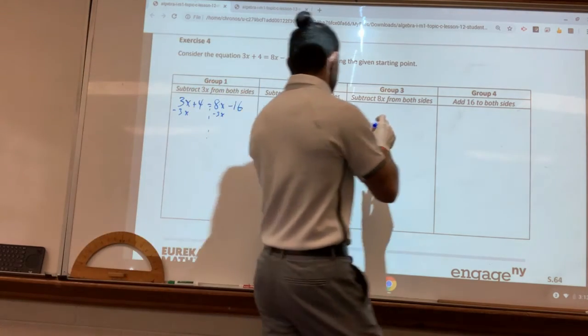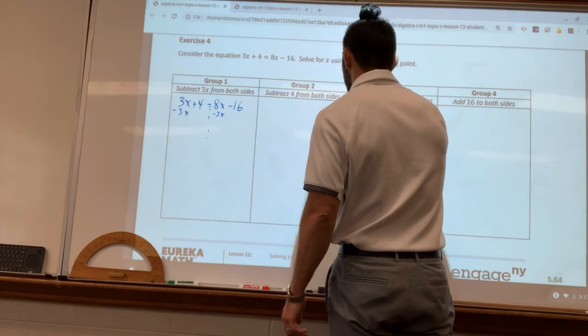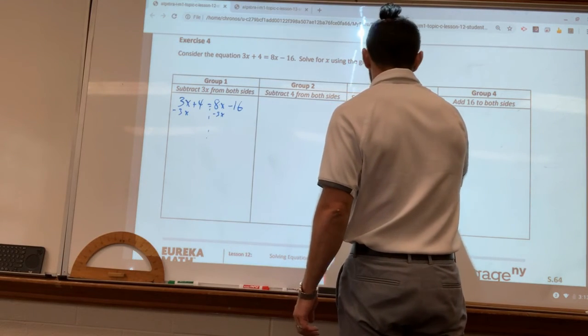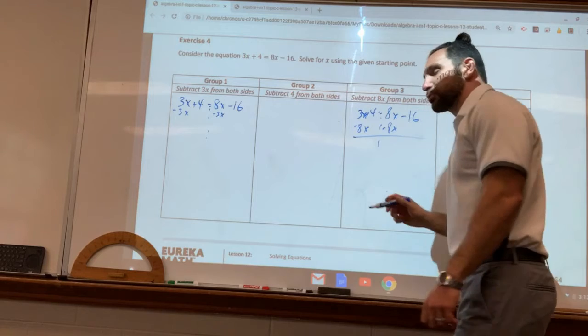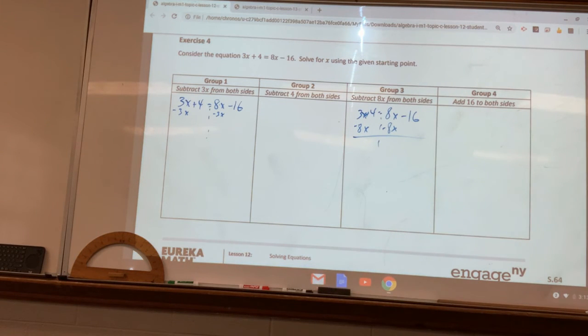If I chose this one, subtract 8x from both sides. Does that change the problem? It's not going to change the answer, but it will change the method in which I do the problem. Remember, algebra is not a box. We are able to think outside the box and start to get different ideas.